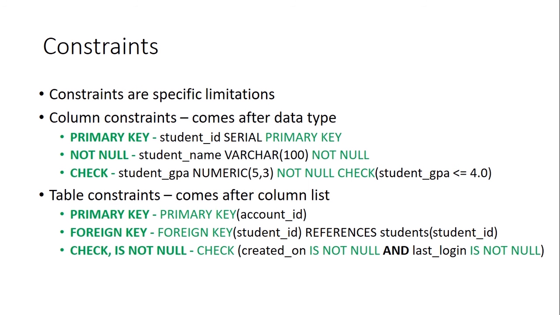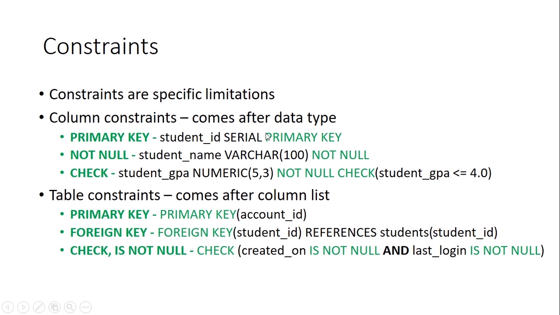So let's talk about constraints now. Constraints are specific limitations that we put into our columns in our table. There are two types of constraints, column constraints and table constraints, which are all applied the same. When you put a constraint into a column, that is a column constraint, and when we put a constraint into an entire table, that is a table constraint.